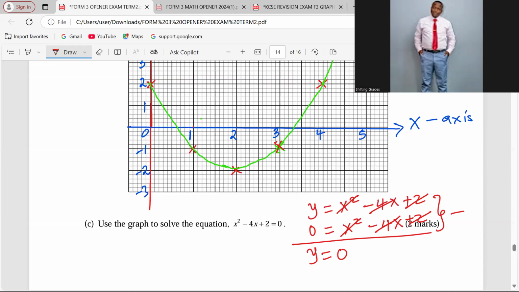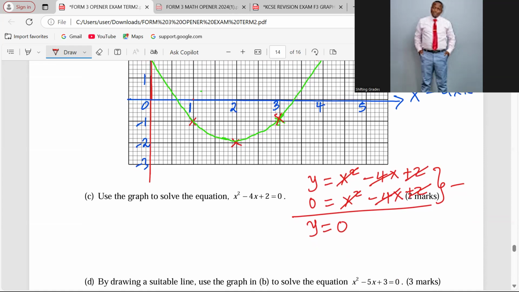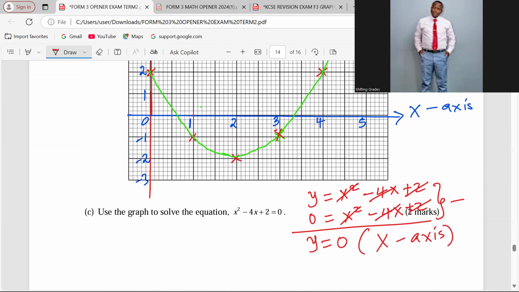For this particular case, the linear equation we are coming up with is y equals 0, which is also the x-axis. Therefore, ours is to check where the line that we have obtained is intersecting with the curve. And those are the points here, because the line is this one, the x-axis.